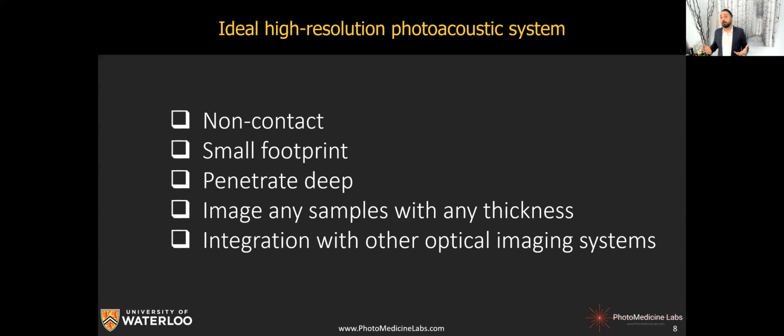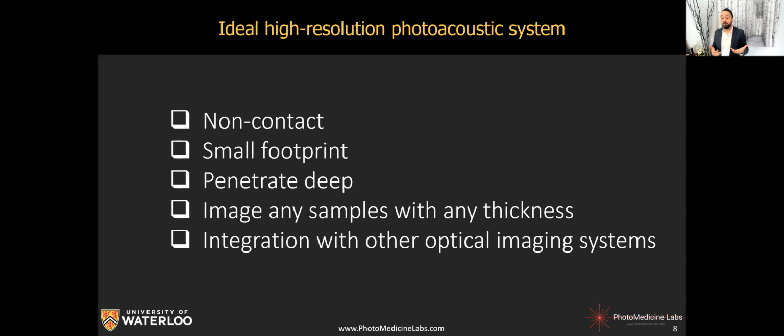We want to focus on high definition imaging capabilities. That ideal photoacoustic system, in my opinion, should be non-contact, like any other microscopy technique we know. For many reasons and applications, we do not want to touch the tissue, let's say when imaging someone's eye, or when the brain is open during surgery, or when you have targets in your preclinical studies.